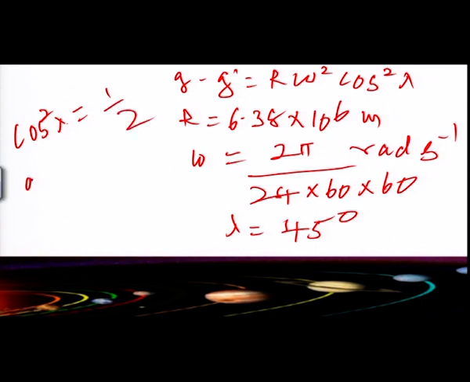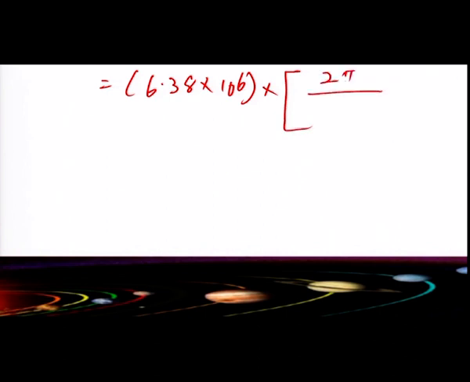So, we will evaluate g minus g dash. In order to evaluate g minus g dash, you substitute the values: the radius of the earth is 6.38 into 10 power 6, into 2 pi divided by 24 into 60 into 60, the whole squared, and into 1 by 2.